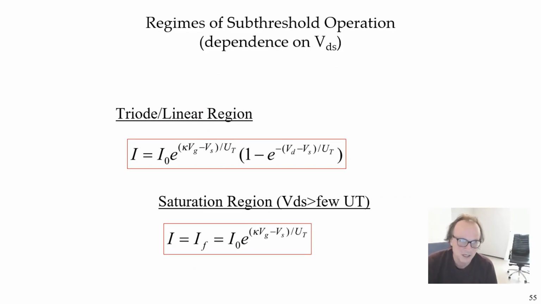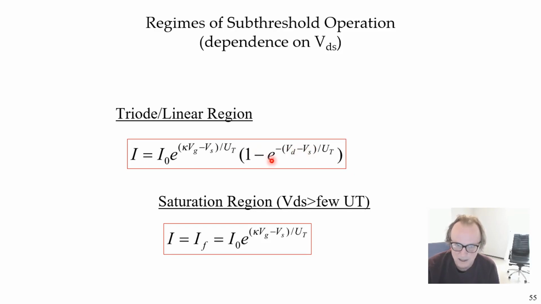So there are different regimes of subthreshold operation which are dependent on the drain source voltage, the voltage across the channel of the transistor. The so-called triode or linear region is characterized by this equation where you rewrite it in terms of e to the kappa VGS times some term that only depends on VDS.